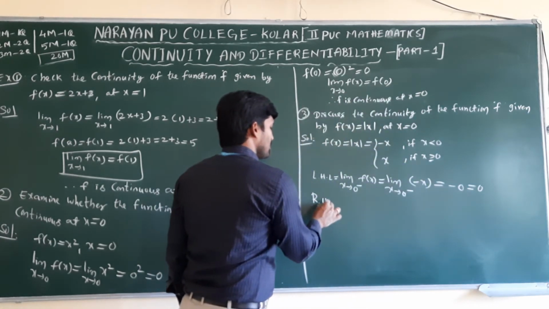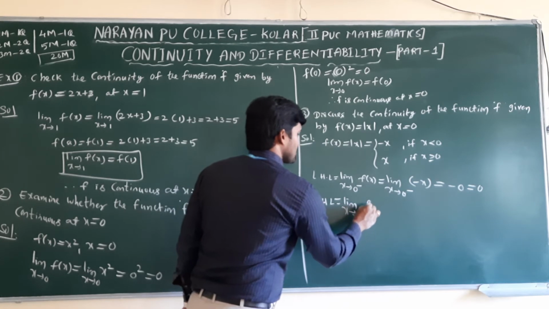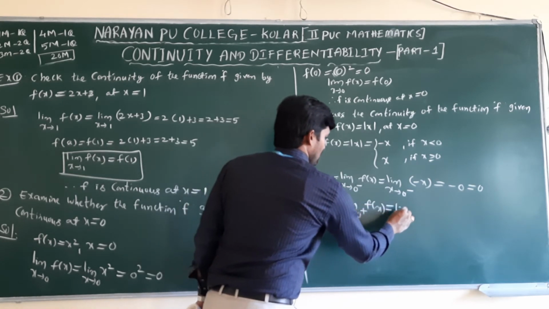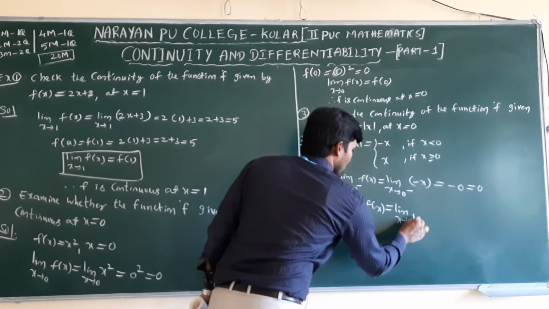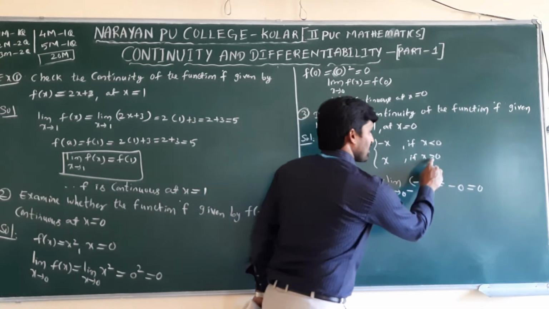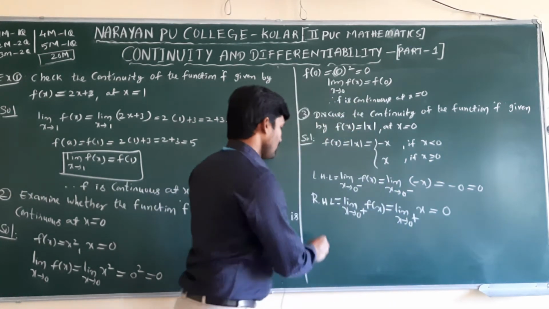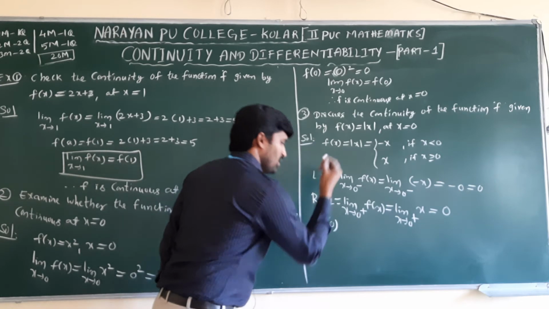Next, the right hand limit RHL. Limit x tends to 0 plus of f of x. 0 plus means x is greater than 0. For x greater than 0, the function is x. Substitute x as 0. Next, the function value f of 0.